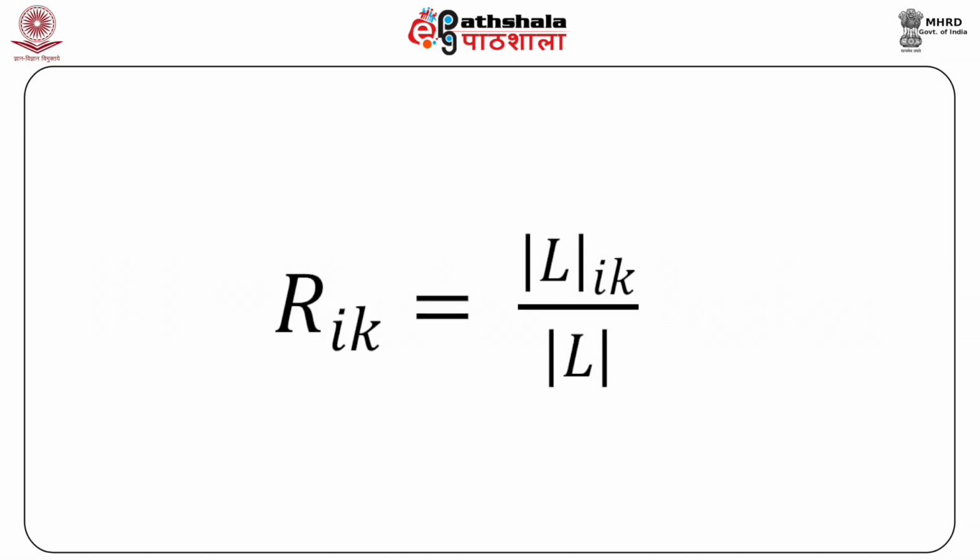In general, Rik is given by the equation in which the numerator is the minor of the determinant corresponding to the term Lik and the denominator is the determinant of the matrix of the coefficients Lik.